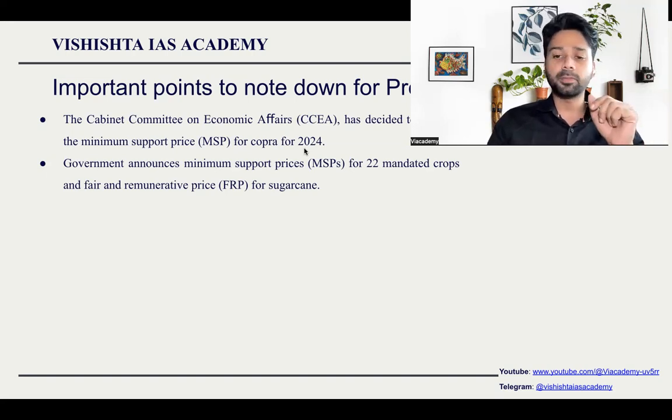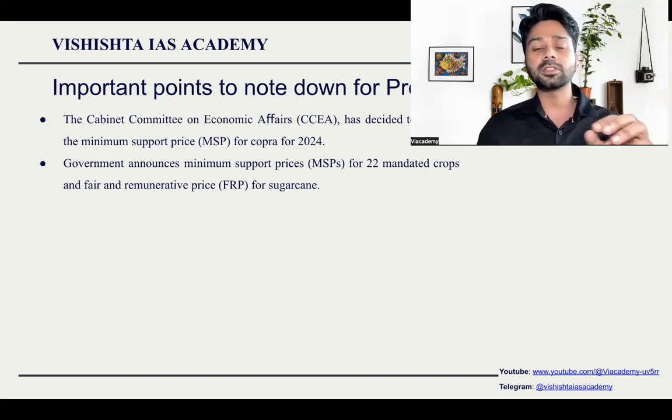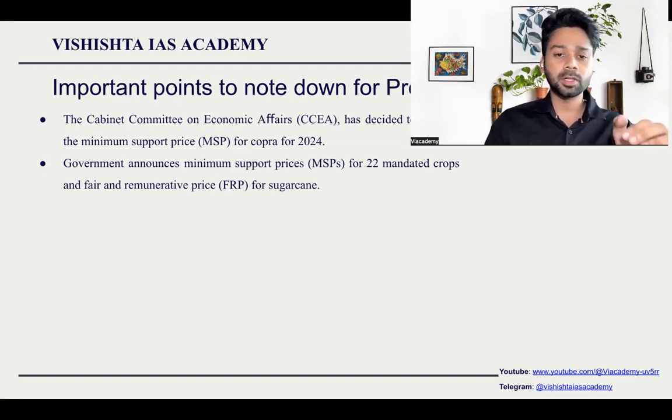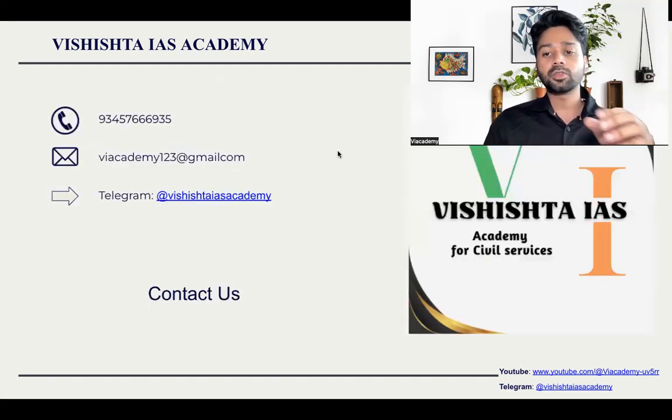It looks like a very simple point, but I'm telling you, agriculture is a favorite topic for UPSC, so you should know this point very well. The government announced minimum support price for how many crops? 22 crops, and a fair and remunerative price for sugarcane. So you should know these points. Whatever basic details, microscopic facts I provide in the news starter become extremely important. Try to know them very well.